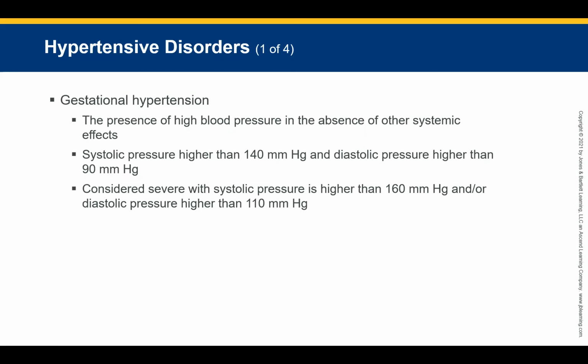This is defined as a systolic blood pressure higher than 140 millimeters of mercury and a diastolic blood pressure higher than 90 millimeters of mercury. It is considered severe when the systolic blood pressure is higher than 160 and/or the diastolic is higher than 110 millimeters of mercury.